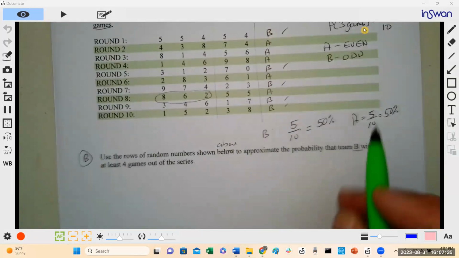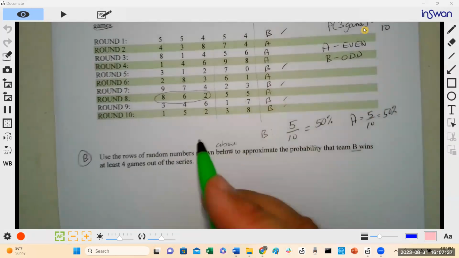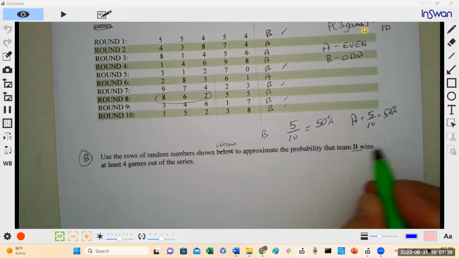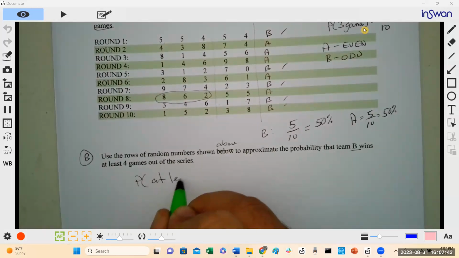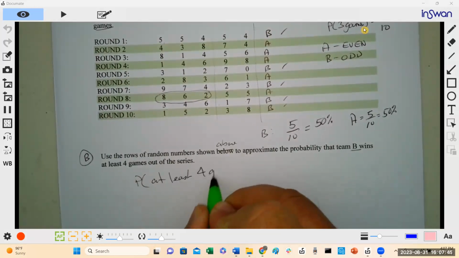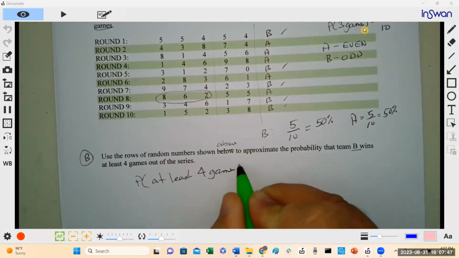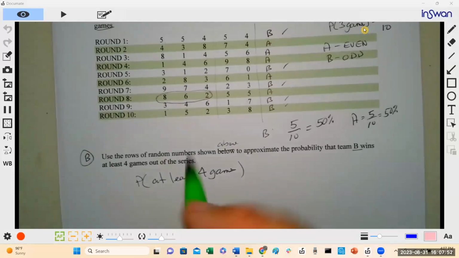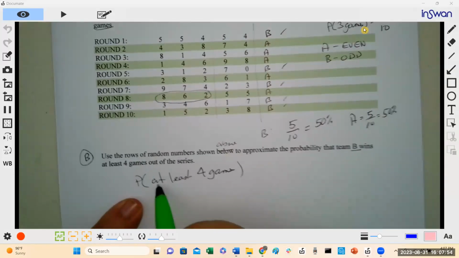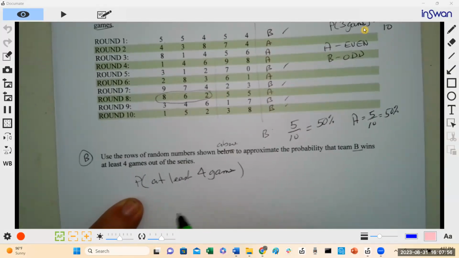Because what you would actually do with this, okay, we know that they win that. Since this question is asking whether B wins at least 4 games in the series, are there any of them that have 4 odd numbers in it?